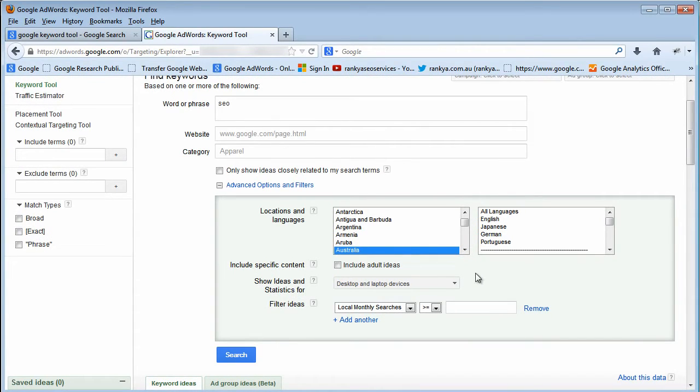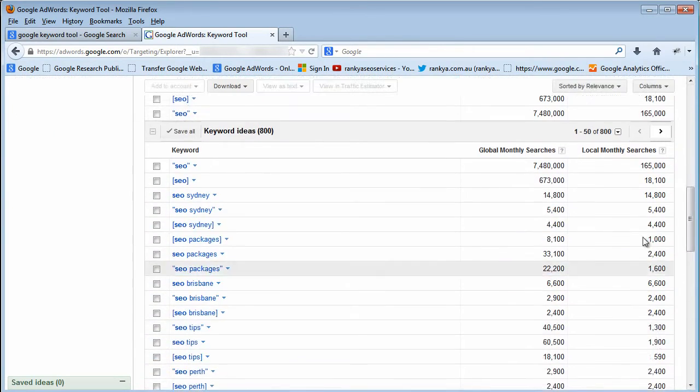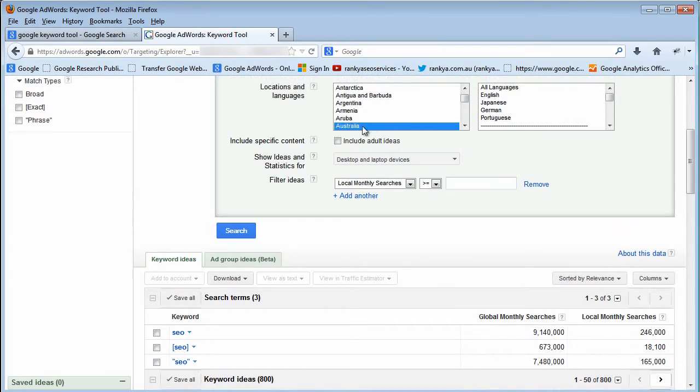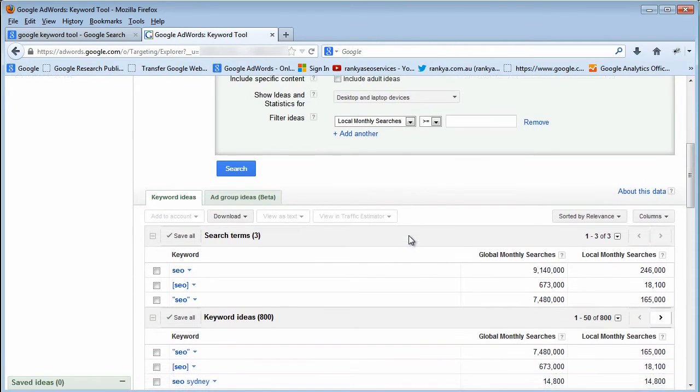If you run a business, or if you're targeting keywords that are based locally, then you must understand the difference between this and that. For any online business that you're in, you should definitely be focusing on local searches anyway.